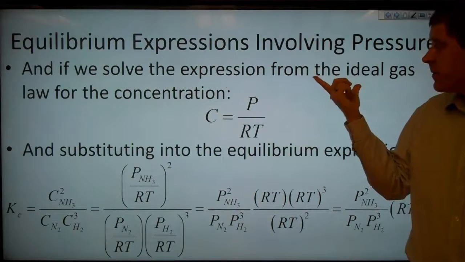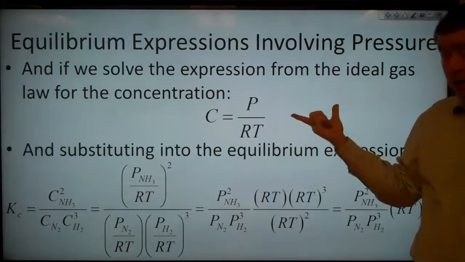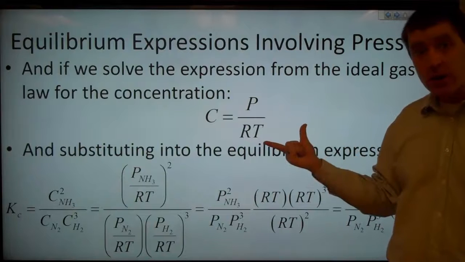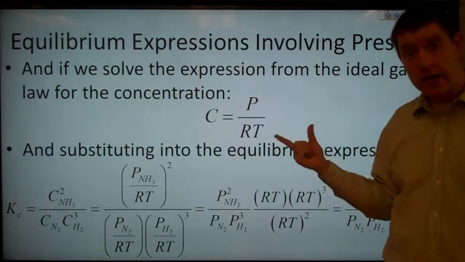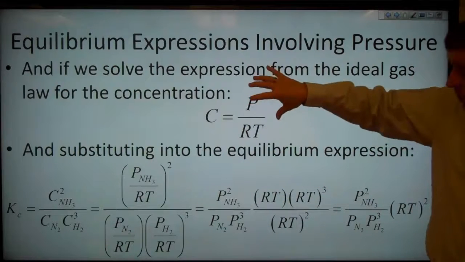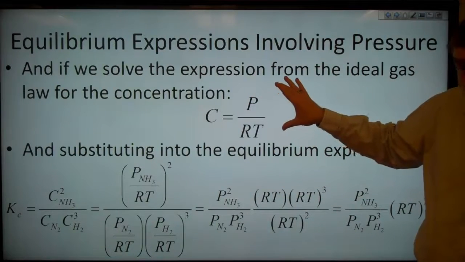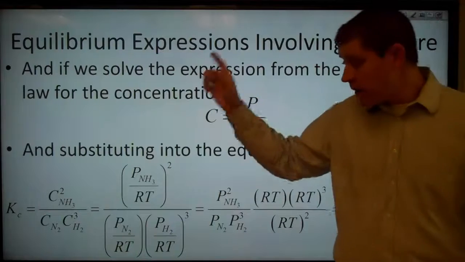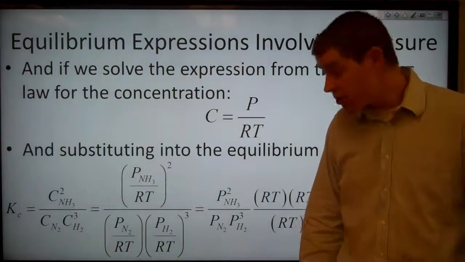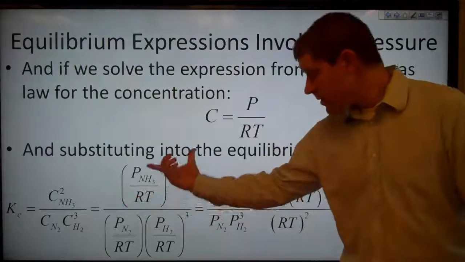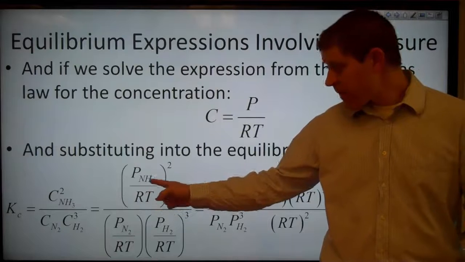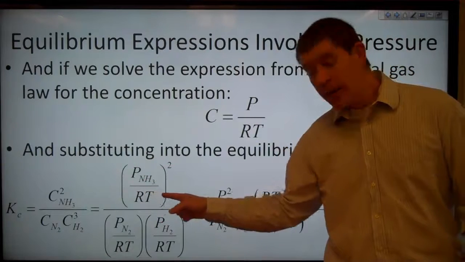Then if we solve the expression from the ideal gas law for the concentration, that gives us C is equal to P, the pressure, divided by R times T. R is the gas constant, T is the temperature. And then we can substitute these expressions involving the pressures into our equilibrium constant expression involving the concentrations, and that gives us this big expression.